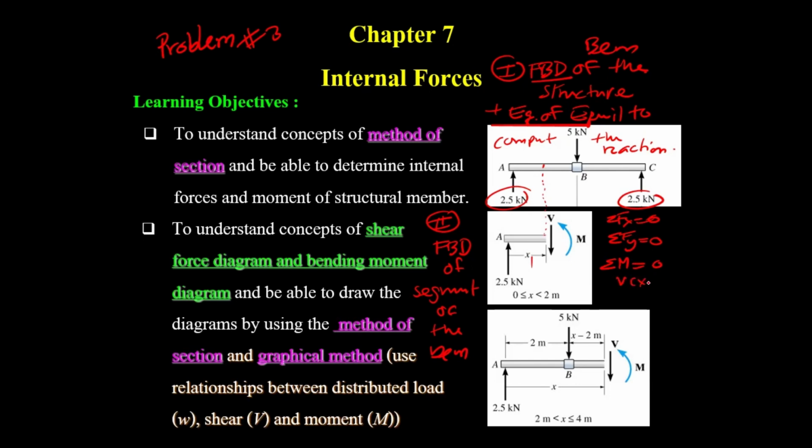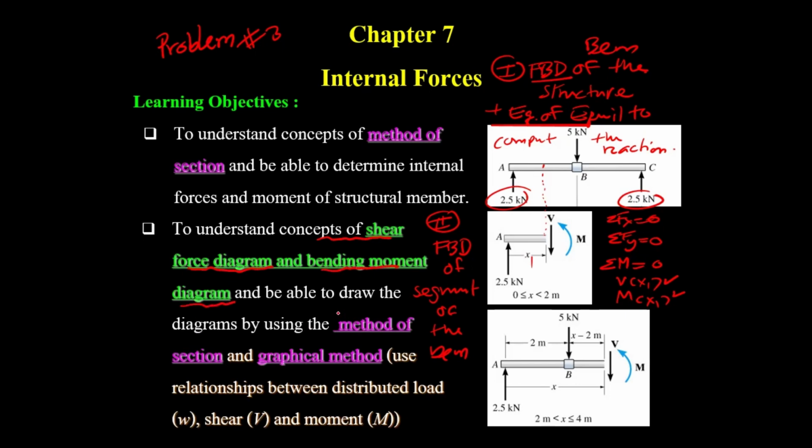To determine the shear force V sub x1 and the moment M sub x1. Then, after you get the equation of the shear force and the moment, you will be able to draw the shear force diagram and the bending moment diagram.